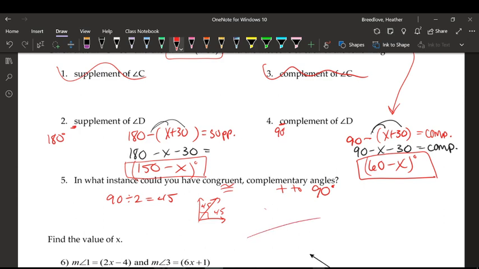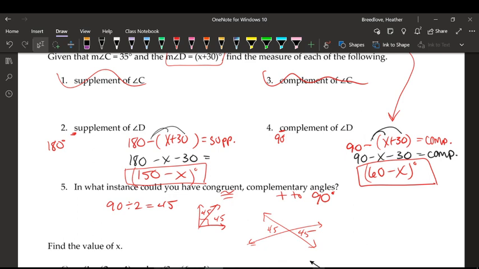Or another one is that what if I could do vertical angles, because it didn't say they have to be adjacent. And I could say this is 45 and this is 45. Or I could just have two angles that are completely not making up anything else and just be 45 degrees each. So that is congruent complementary angles.